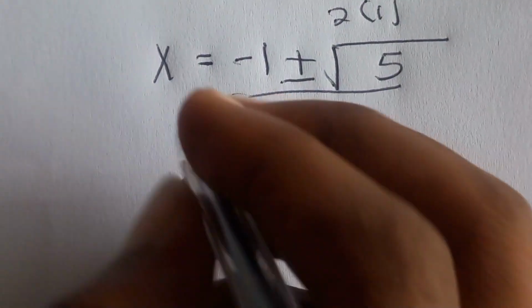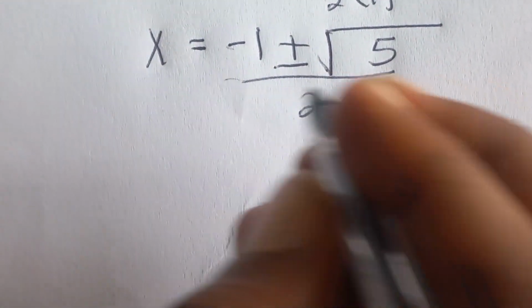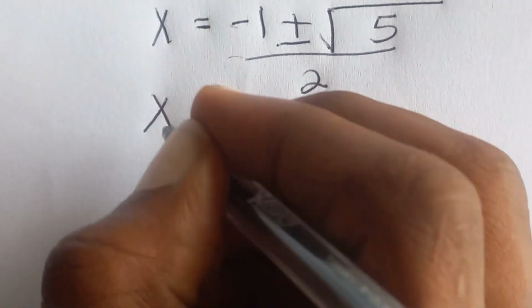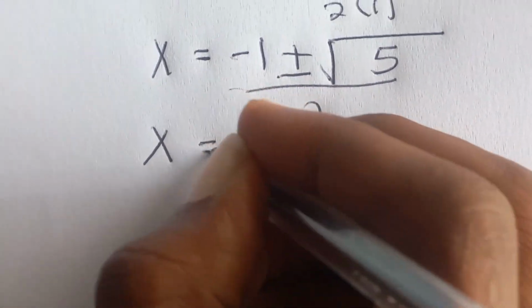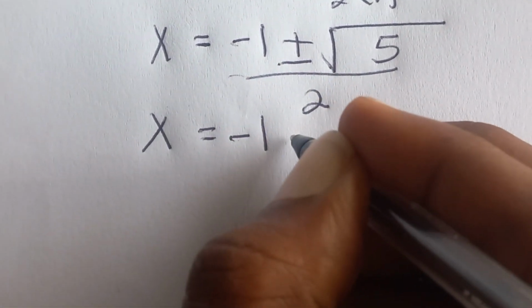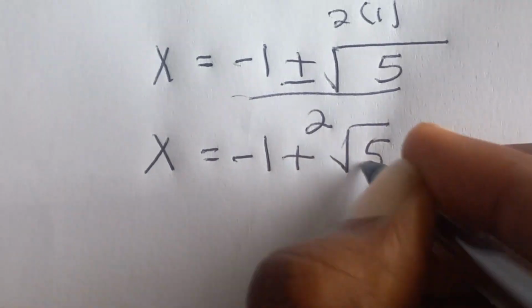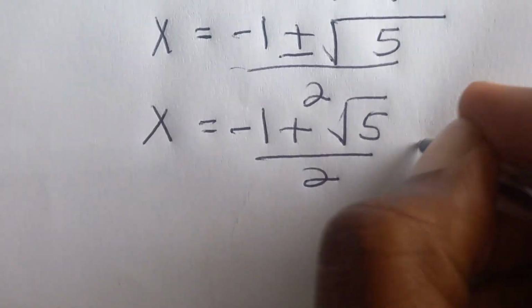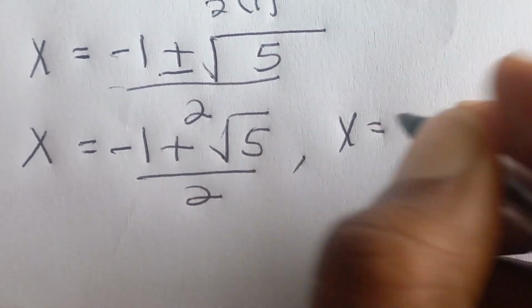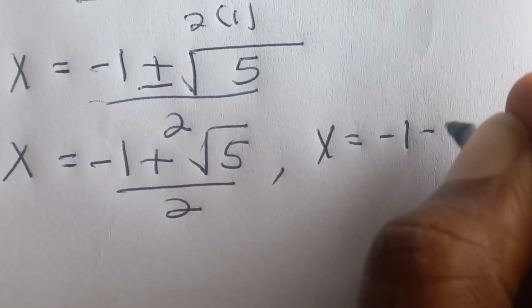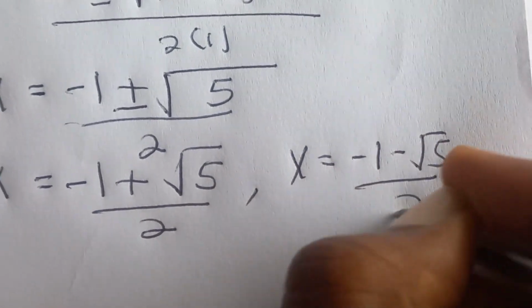So with this, we have two values of x. So we have x is equal to -1 plus square root of 5 over 2, and then x is equal to -1 minus square root of 5 over 2.